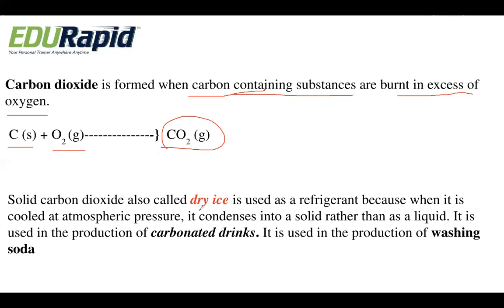Solid carbon dioxide is also called dry ice. It is used as a refrigerant because when it is cooled at atmospheric pressure, it condenses into a solid rather than a liquid. So we use it as a refrigerant, and that is why it is called dry ice.